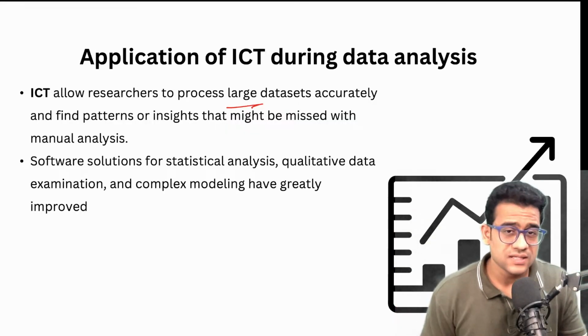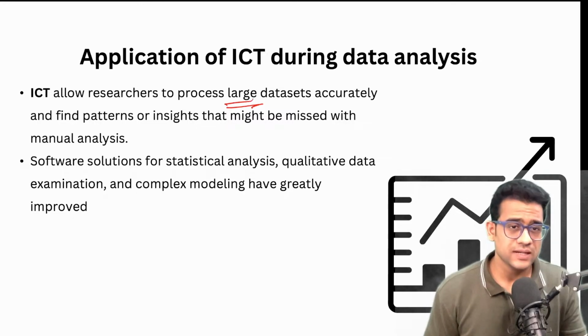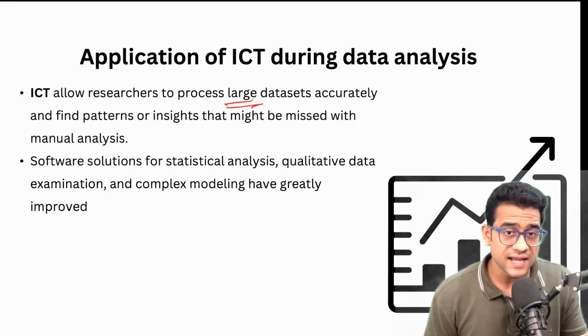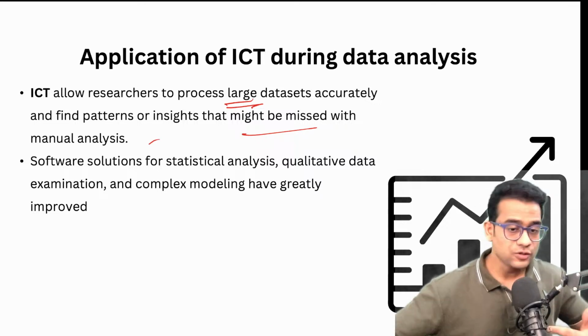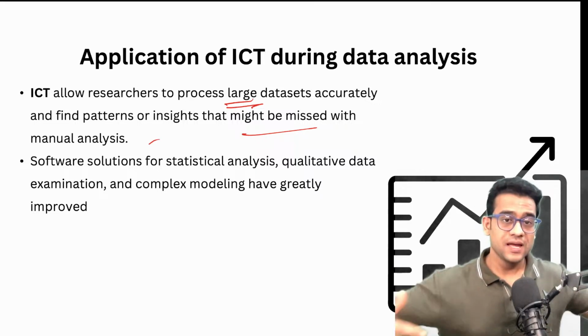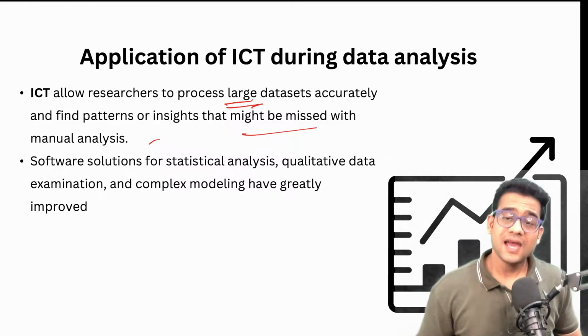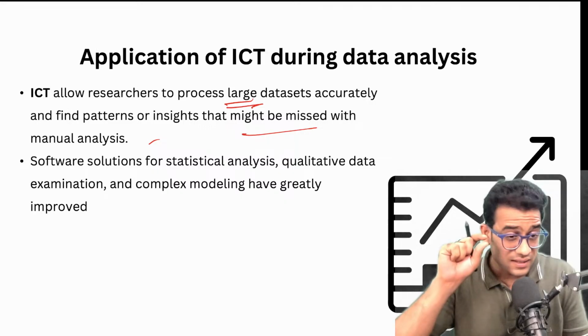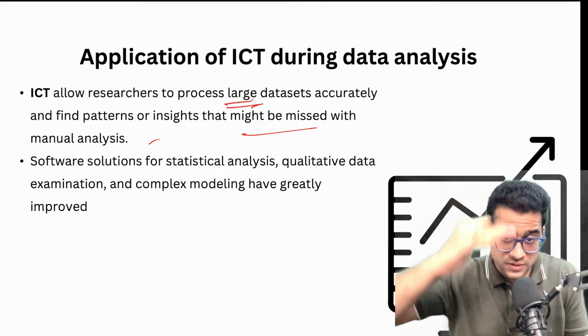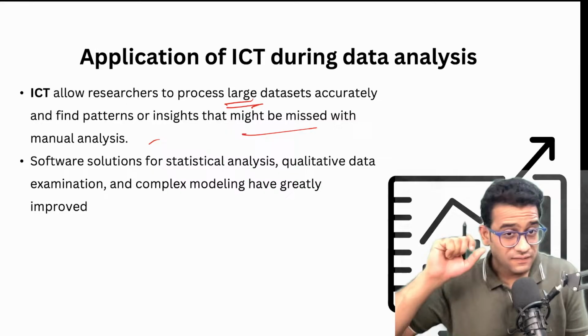So ICT allows researchers to process large data sets accurately and find patterns or insights that might be missed with manual analysis. So with manual analysis also there is a wider scope of human error, okay. And with these ICT tools, the error level drops down at a very high rate.